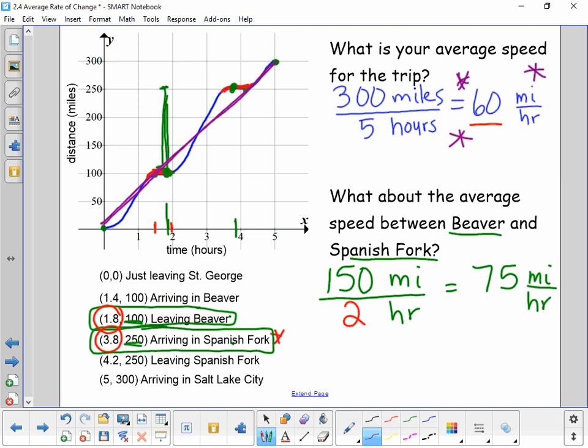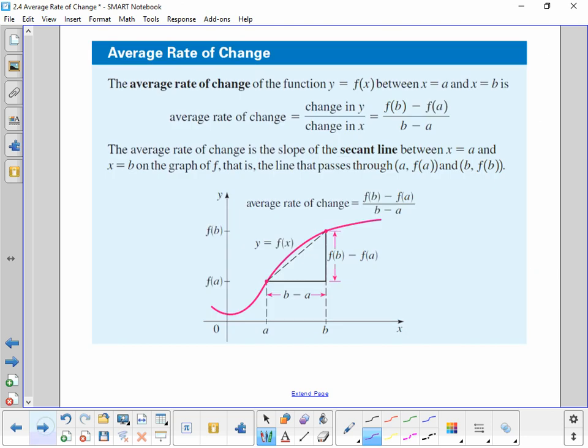And again, this 75 miles per hour is what it would look like if we looked at this straight line instead of the curved line. So when we talk about average rate of change, we always talk about it for a specific interval between two x values.